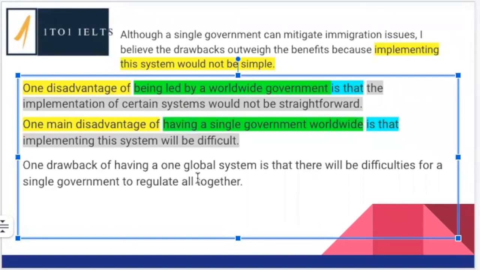Okay. And then let's have a look at this last sentence. So one drawback of having a one global system. So I don't think you're ever going to see this in English. Having a one. Why do we almost never see these two words together?